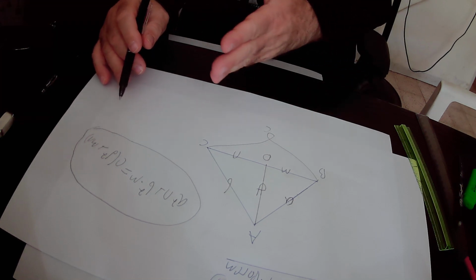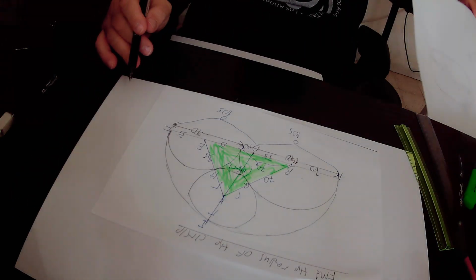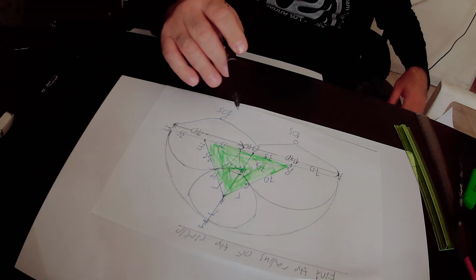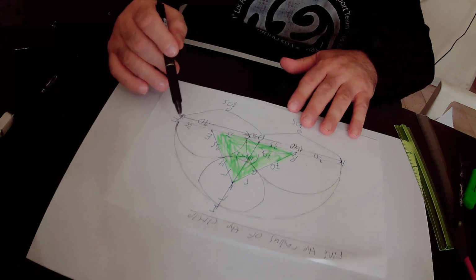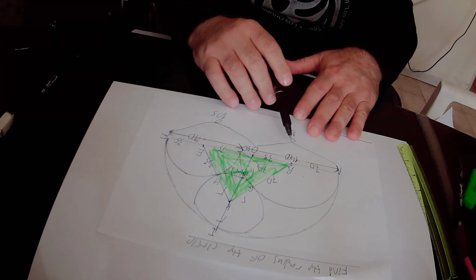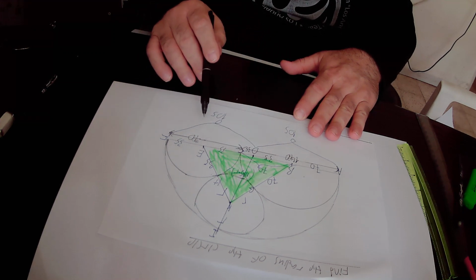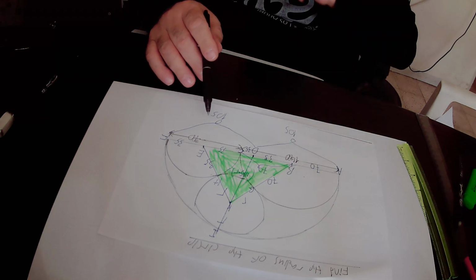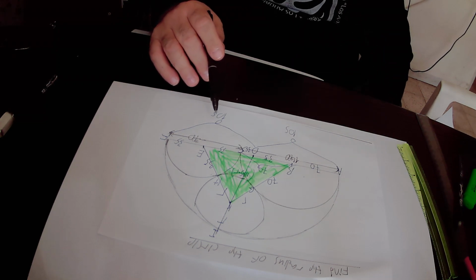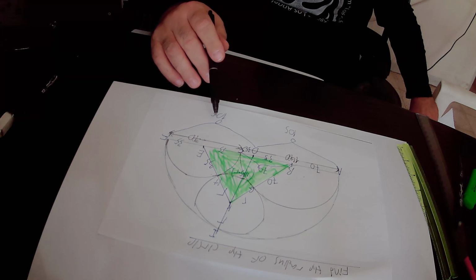Therefore, we can implement Stewart's theorem in our green triangle BKE. We'll implement Stewart's theorem in the green triangle BKE. So I'll copy the angle BKE in a new page and we'll implement on it Stewart's theorem.